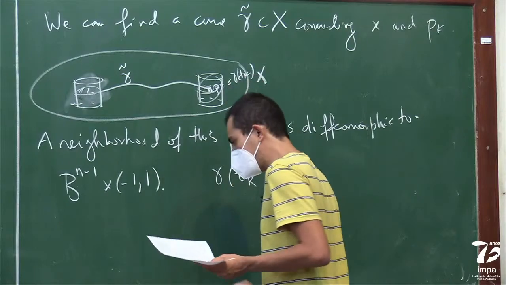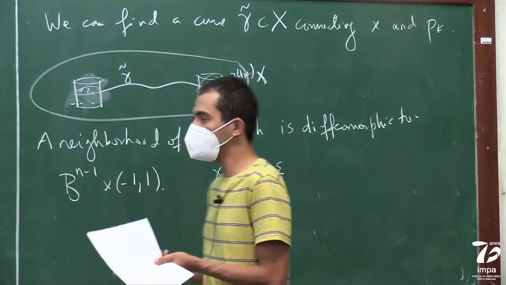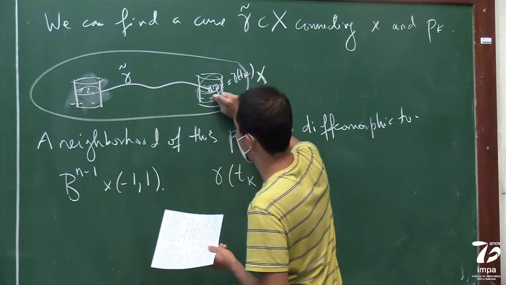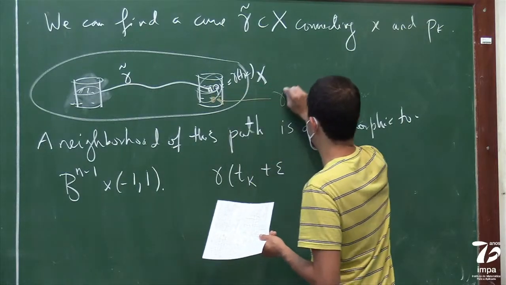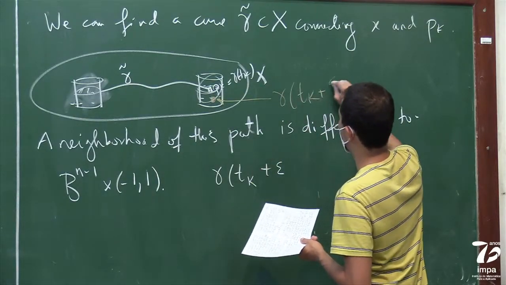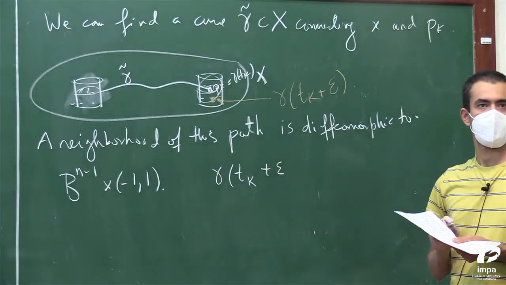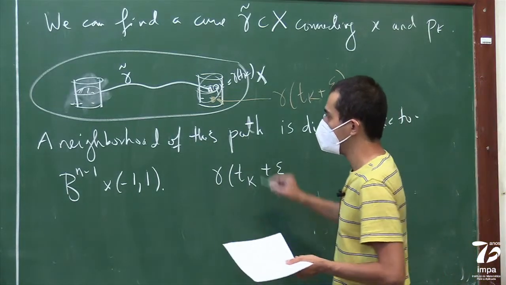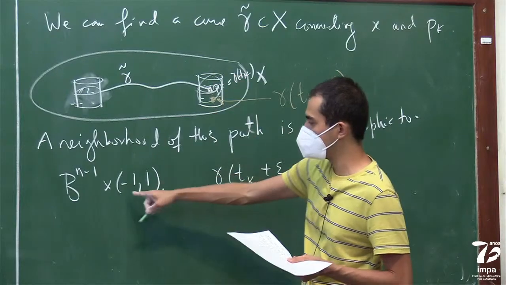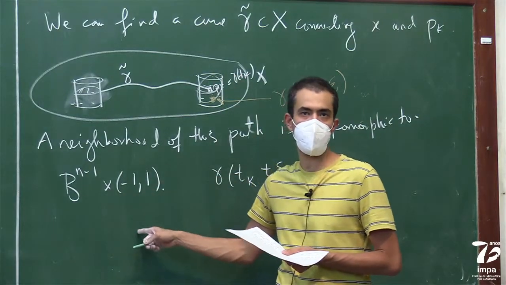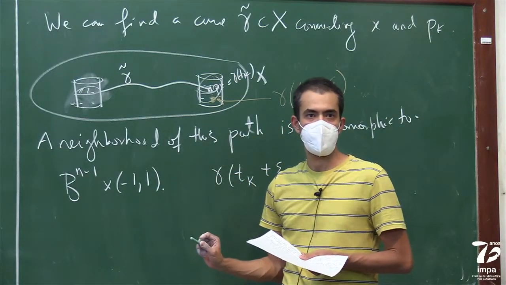So when I look at gamma of tk plus epsilon, this is no longer in x, but it's in this neighborhood. So this is my gamma of tk plus epsilon. Okay? So it's going to be either on this side or on this side. So basically, this coordinate is going to be either negative or positive. Okay?